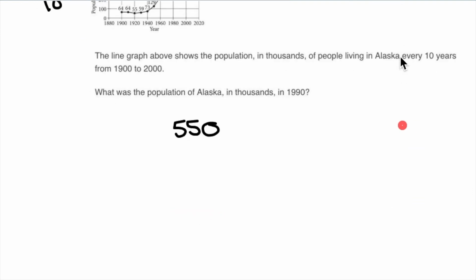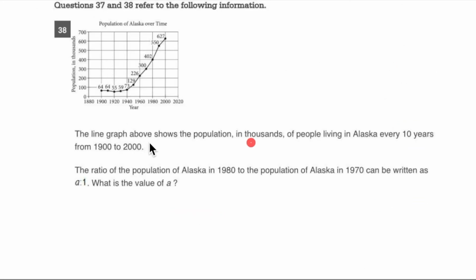And the last problem, it says the line graph shows the population in thousands of people living in Alaska every 10 years from 1990 to 2000. The ratio of the population from 1980 to the population in 1970 can be written as A to 1. What is the value of A?